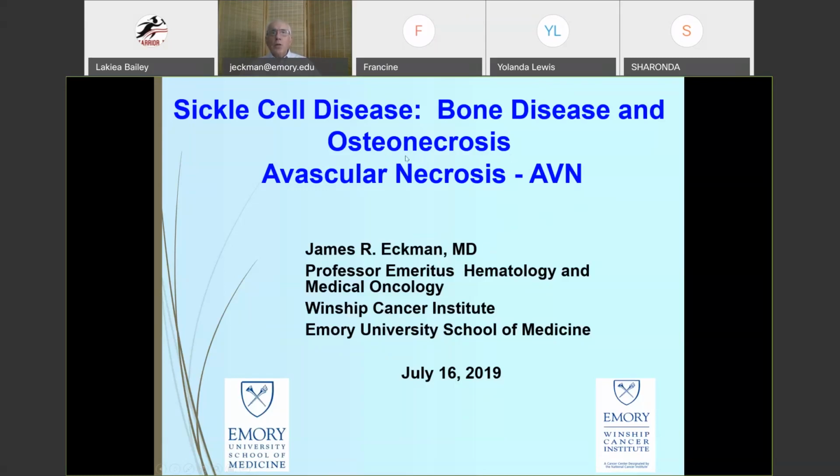So this word is a very fancy way of saying that the bone is dying, and that means that it's not getting enough blood supply or nutrients to keep it healthy, and the bone cells die. The same process has been called a number of other names. Avascular necrosis means that the bone death is occurring because there's not enough of a blood supply. This is shortened to AVN, which I'm probably going to be using most of the time during the presentation.